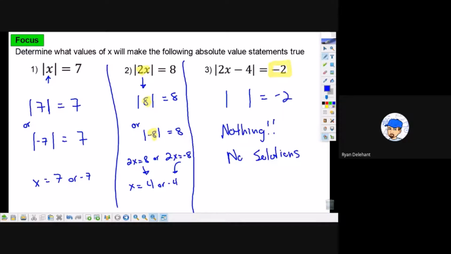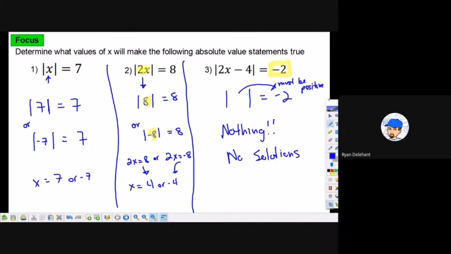Because absolute value will never yield a negative result, any result that's trapped inside of it, like we saw with this 2x, when you lose the absolute value signs, must be positive. So since it must be positive, we can get 2 answers. We can get no solutions. Sometimes we can get 1 answer, which is weird. But those are the 3 flavors that the answer comes in, okay?